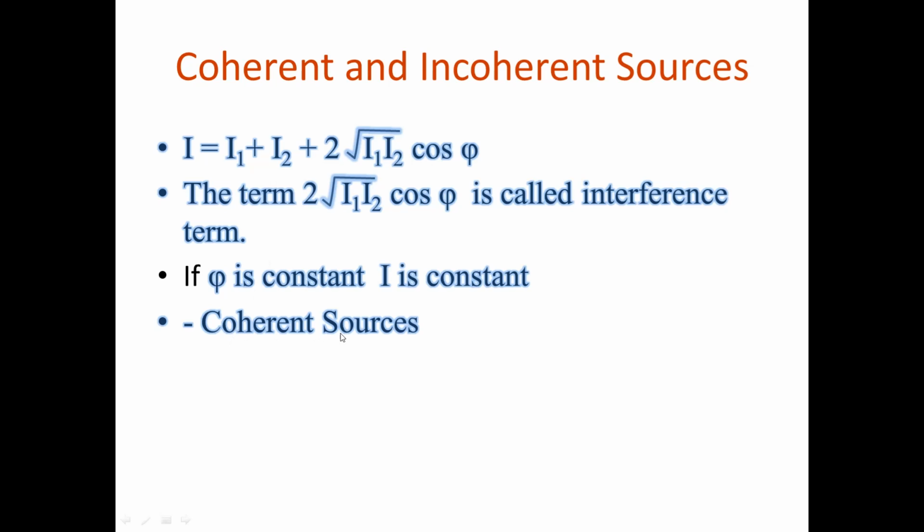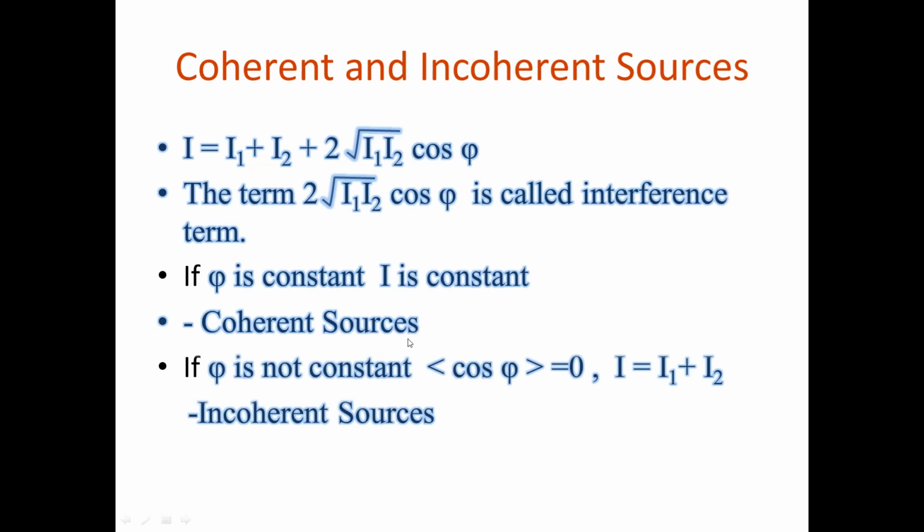Then the sources are said to be coherent sources, and thus we can observe sustained interference. If phi is not constant, cos phi varies, and the average value of cos phi is 0, and the resultant intensity is I1 plus I2. Then the sources are said to be incoherent sources.